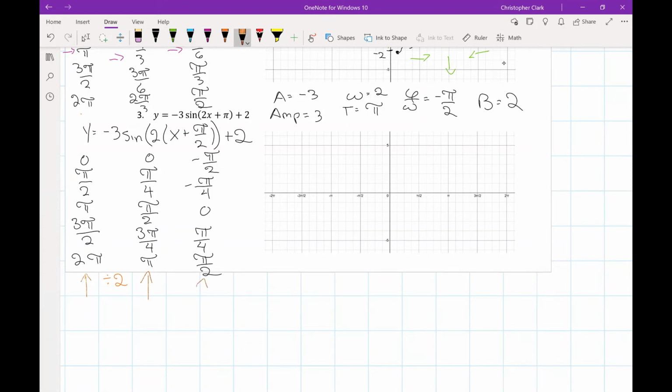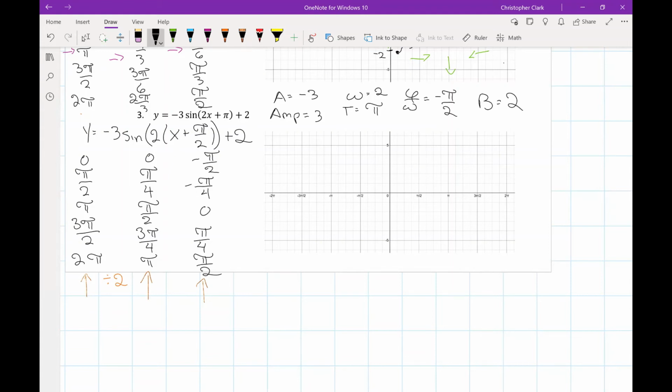Our third column, however, we are going to subtract pi over 2, right? Then we're going to shift everything. And so 0 minus pi over 2 is negative pi over 2. Pi over 4 minus pi over 2 is negative pi over 4. Pi over 2 minus pi over 2 is 0. 3 pi over 4 minus pi over 2 is pi over 4. And then pi minus pi over 2 is pi over 2.